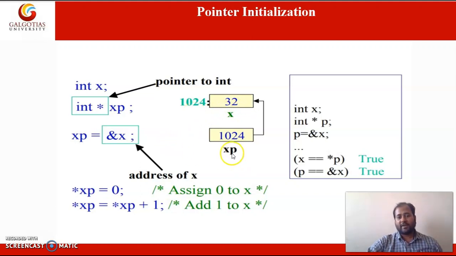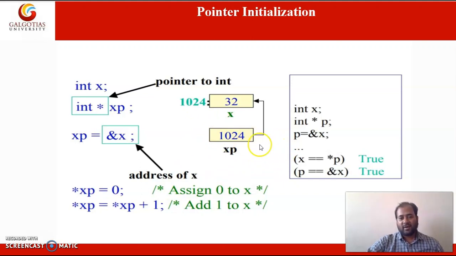So xp is a pointer variable which is used to store address of the variable x. So here we can see the value of xp is 1024. So 1024 is address of variable x. Okay, and also we are having a different address of this xp variable.